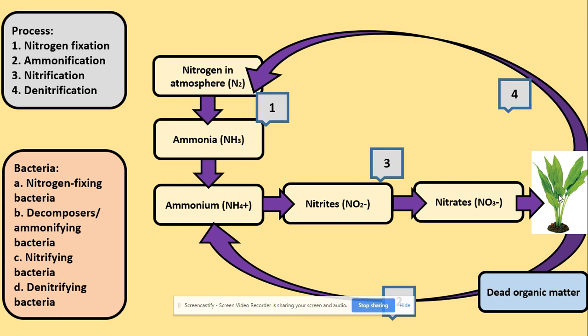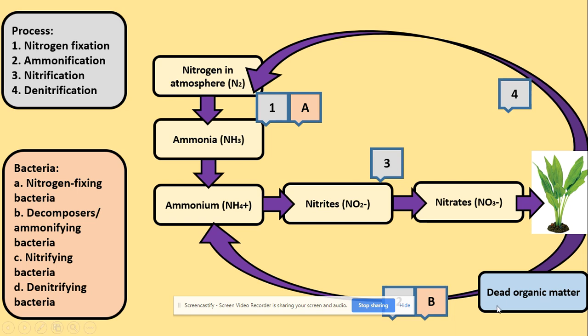So let's double check the bacteria now. For the nitrogen fixation, we've got nitrogen fixing bacteria. So one more time, from the nitrogen gas to the ammonium. Further, we had the ammonification, which was done by decomposers or ammonifying bacteria.